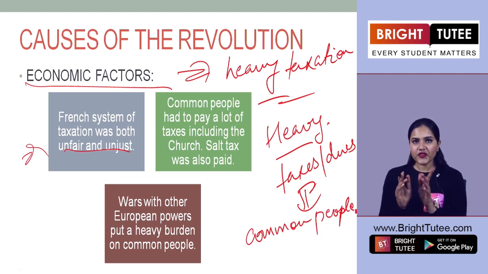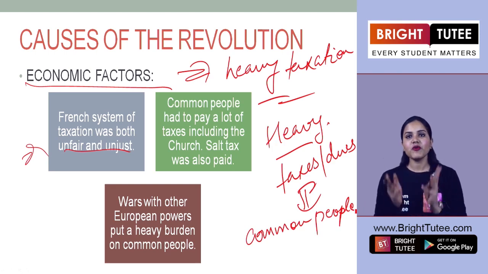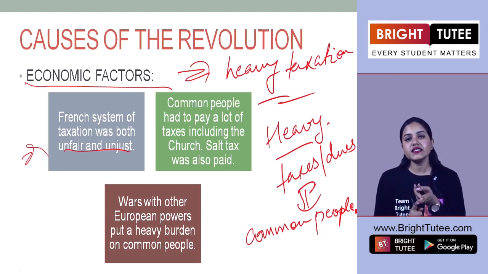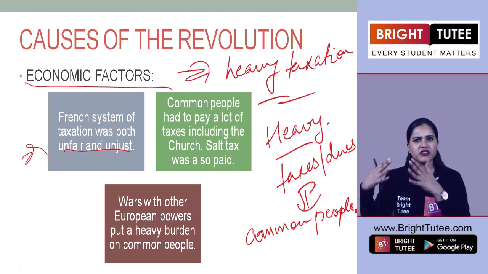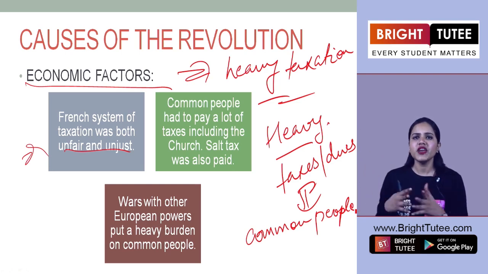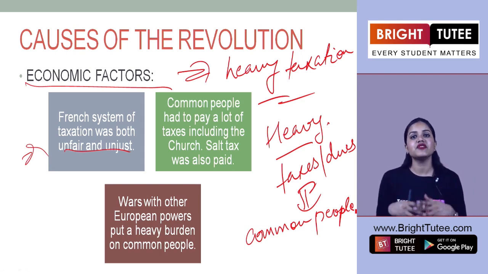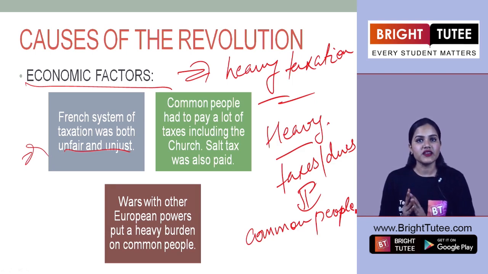Now, do you remember the French society? Yes, we talked about the three estates. The first estate, that is the clergy. The second estate, that is the nobility. And the third estate, the common people, including people belonging to various professions like lawyers, teachers, professors, and so on. We also have the landless laborers, the peasants, artisans, farmers. All these people came under the third estate. But what was the main point that you have learned there?